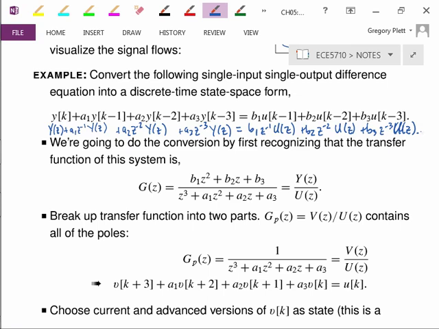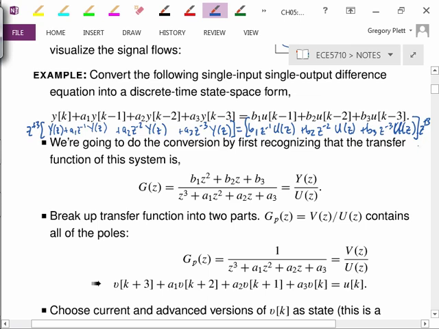And when we do that and divide through, and in fact multiply both sides by z to the plus 3 to get rid of the negative exponents, we get this transfer function here. So that's g of z.